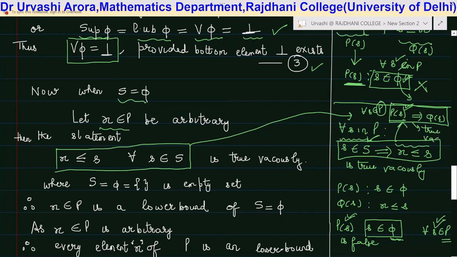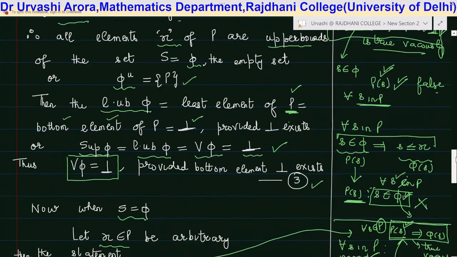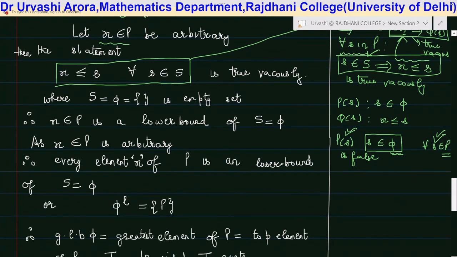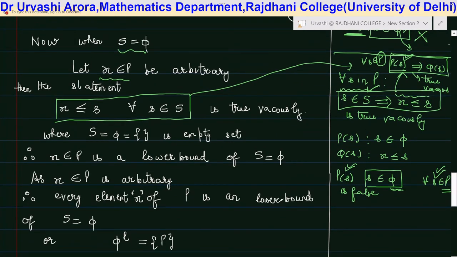I repeat, this is by the technique that we have in mathematics for giving a vacuous proof. So this implication is true vacuously, and it is the same as this statement, which means this statement is true vacuously.